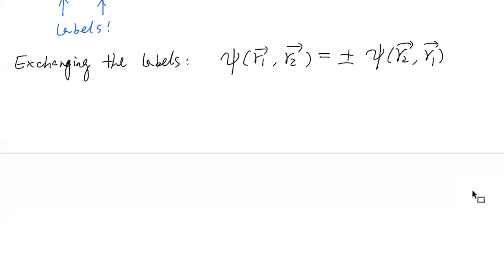You should have either positive psi R2, R1, that means there's no change at all, or you have negative psi R2, R1. The wave function differs by a sign, but that doesn't matter because the magnitude squared of the wave function stays the same. Right?